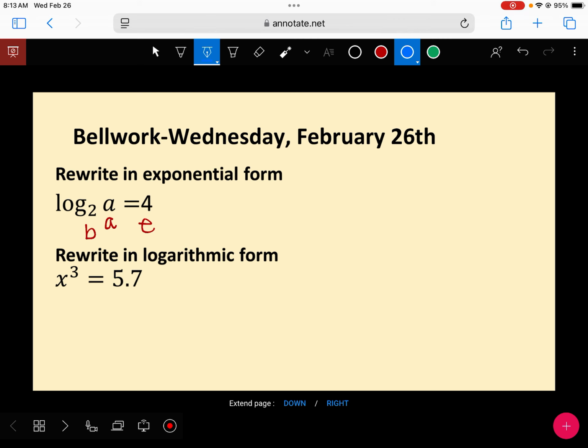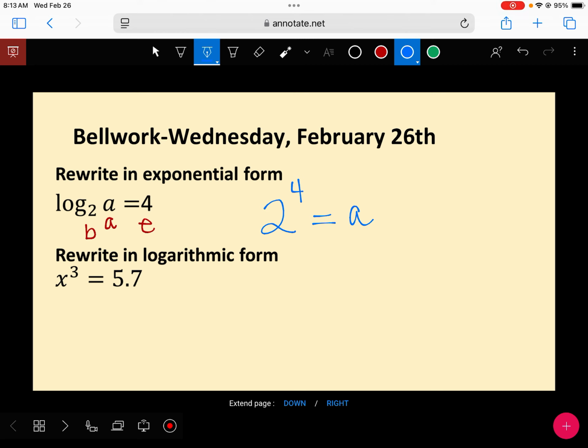How would it be written? Destiny, how would you write it? Thank you. Perfect. Good job. That's exactly right. That's exactly how you would write that.